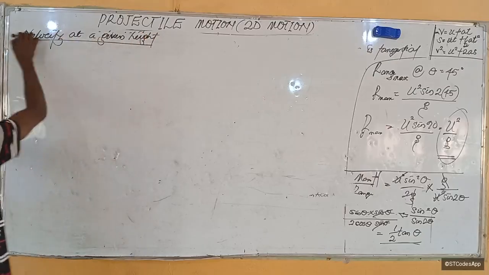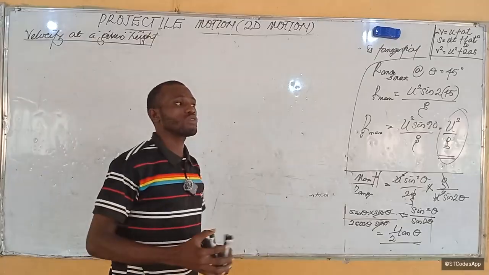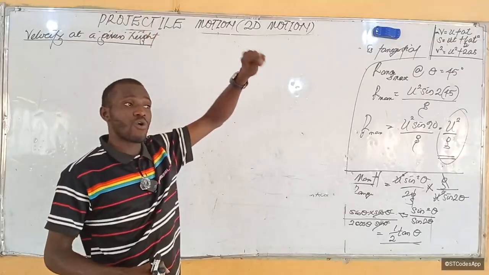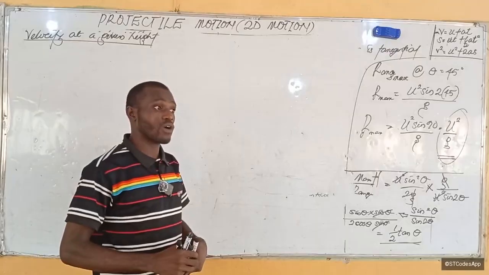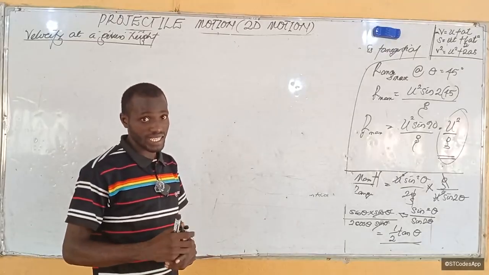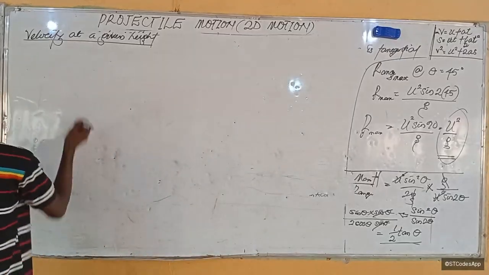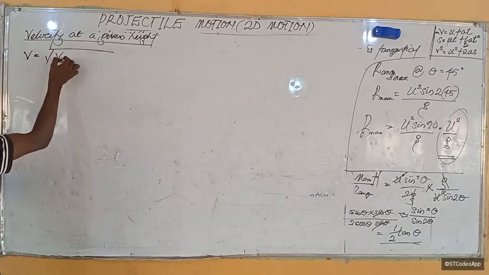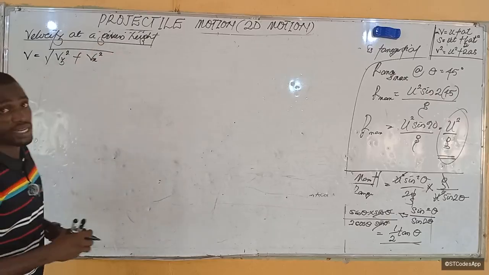Now, one thing I want to use this equation to prove is that it will validate the equation that we generated for vertical motion. If you remember, we generated an equation for velocity at a given height, right? So this equation can be used to generate it. Remember we said that the velocity at a given height is going to be the square root of v sub y squared plus v sub x squared at the beginning there.